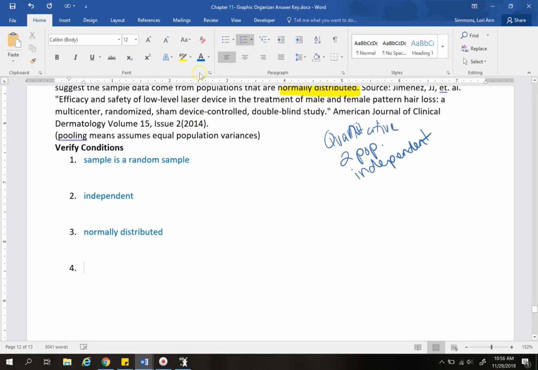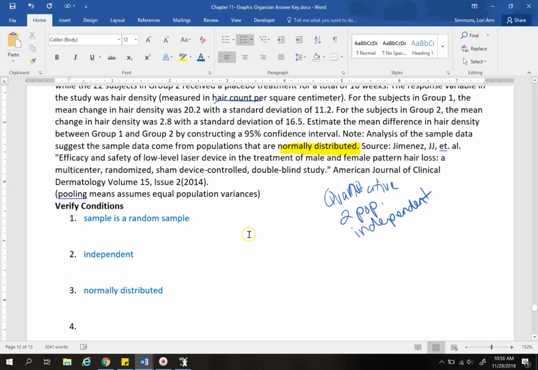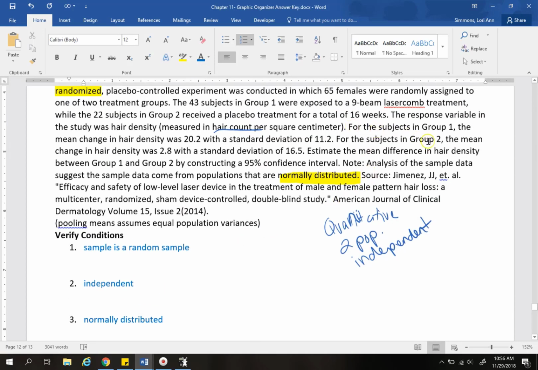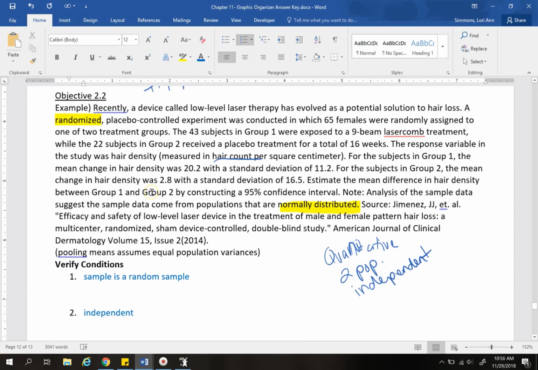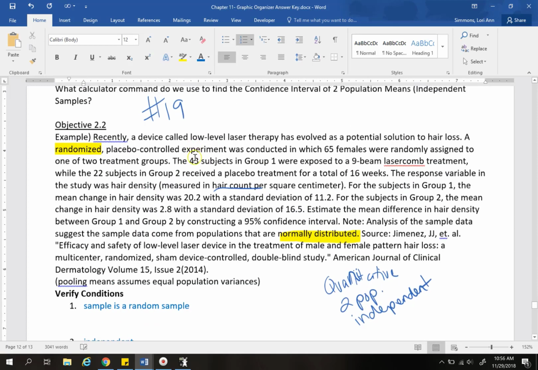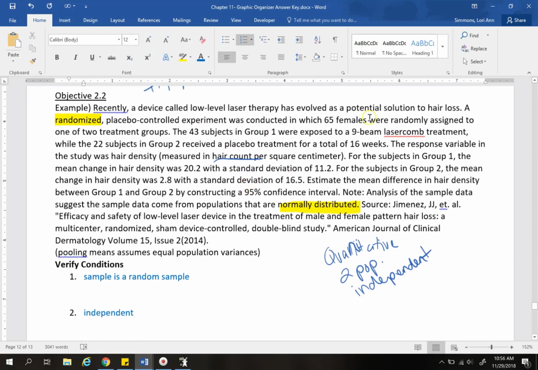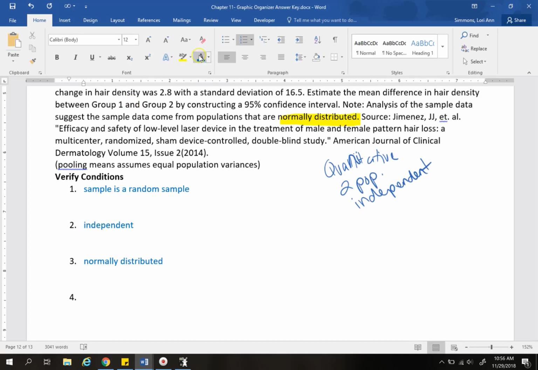And then 4 is each sample, so each group. So 43 and 22, is that less than 5% of the population? Yes, we're talking about females, so yes. Each sample is no more than 5% of the population size.